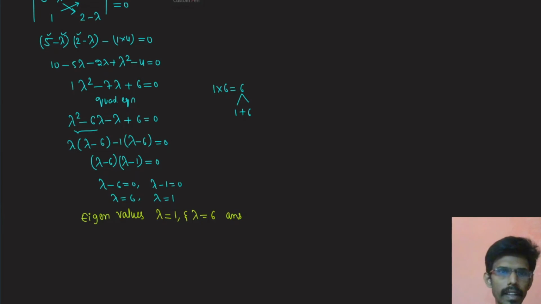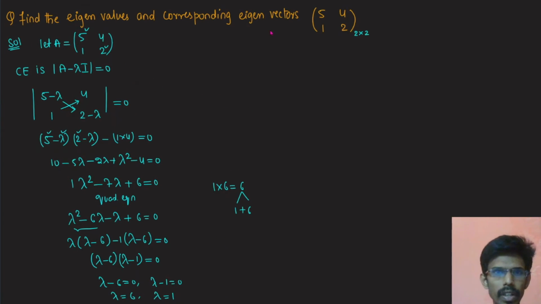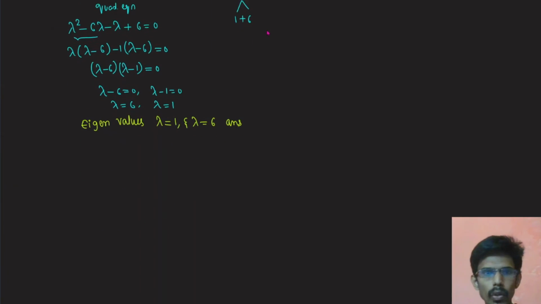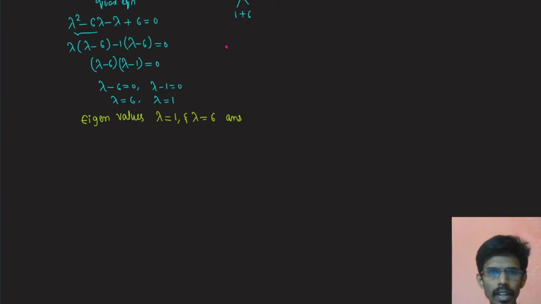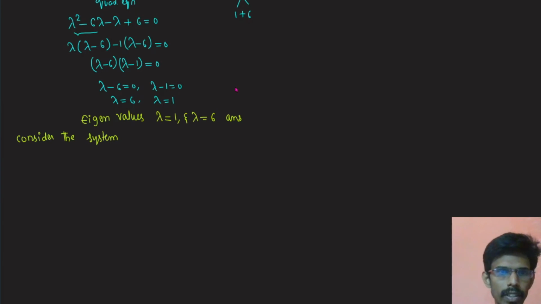Now we want the corresponding eigenvectors. In order to do that, we consider the system of equations, that is A minus lambda I into x is equal to 0.